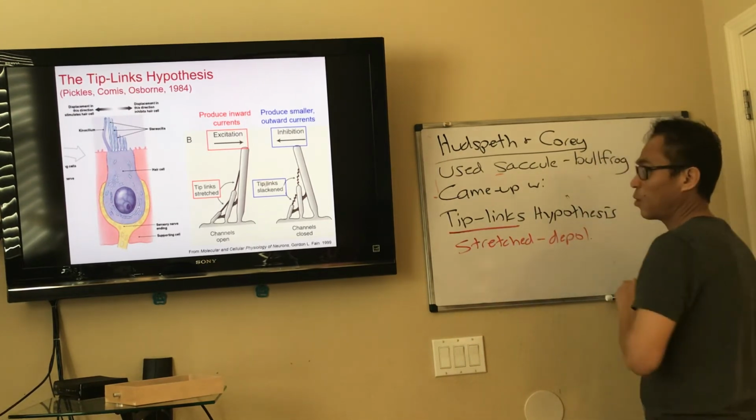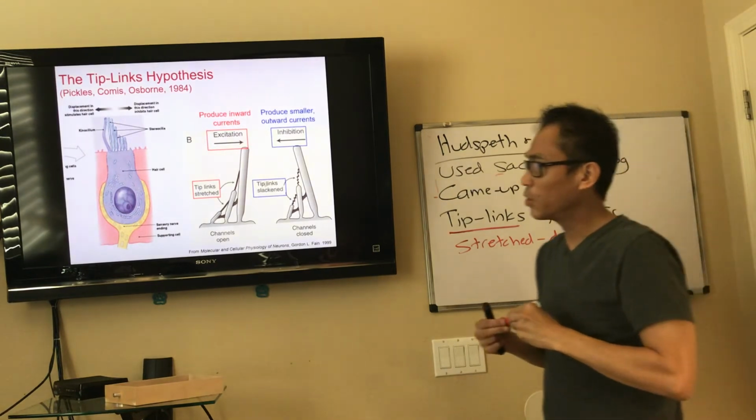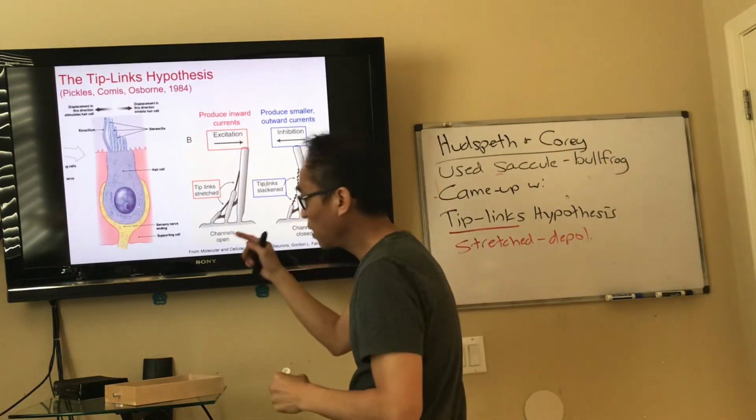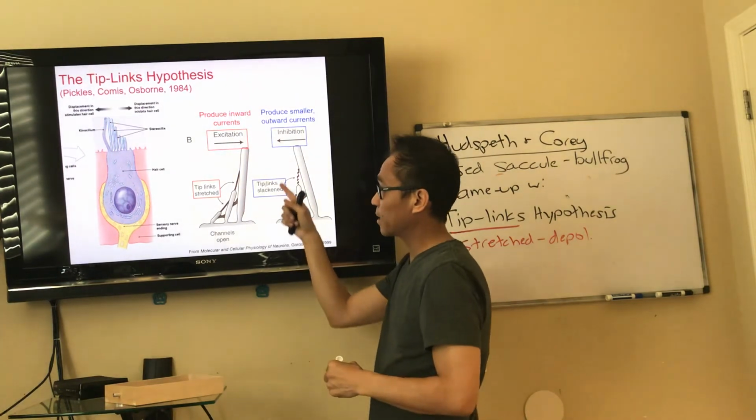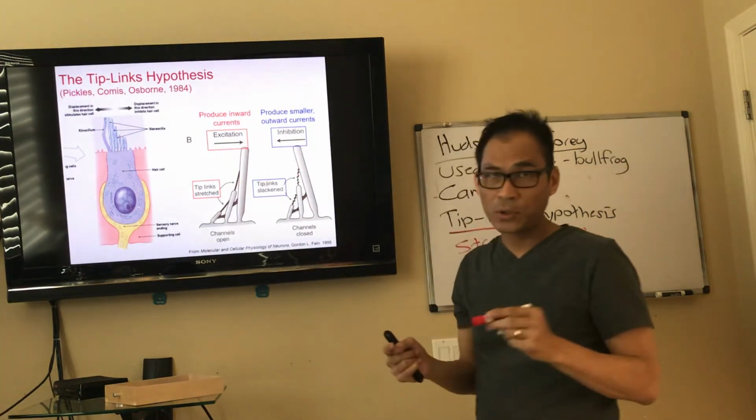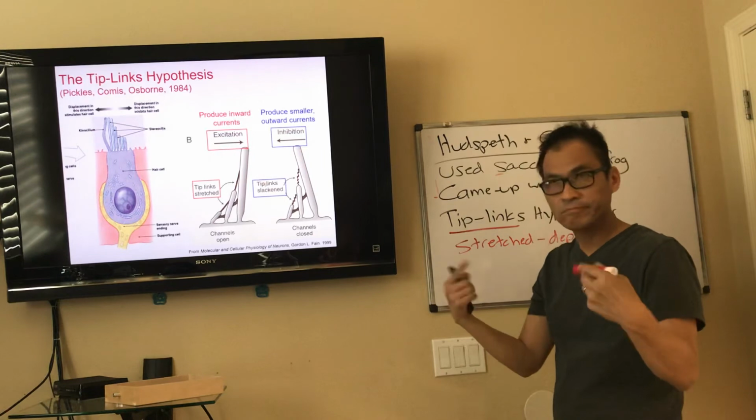So you depolarize those hair cells when you move it toward the kinocilium. When you tilt it the other way, the tip links are slackened, producing an outward current that we call inhibition.